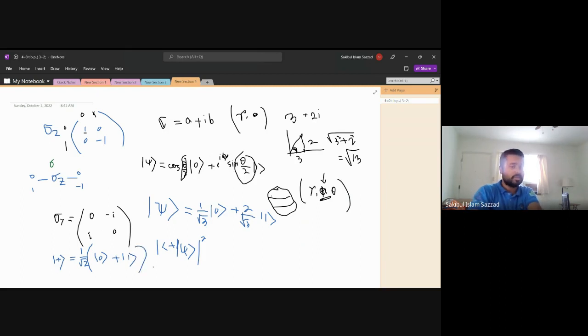So I am just asking you to make this calculation. If bra plus is this and ket psi is this, what will be the calculation?